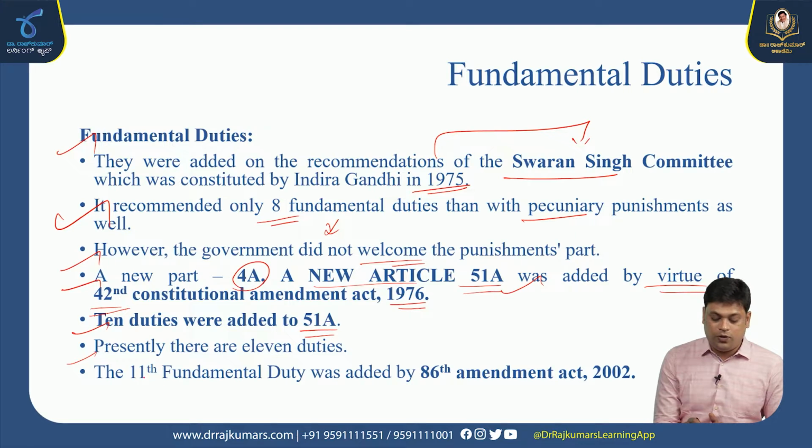Presently, there are 11 duties. The 11th fundamental duty was added by the 86th Amendment Act of 2002. An amendment means coming up with a 3/4 majority of the parliament, and it can be added in the constitution.